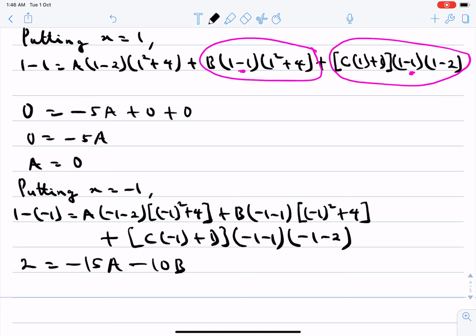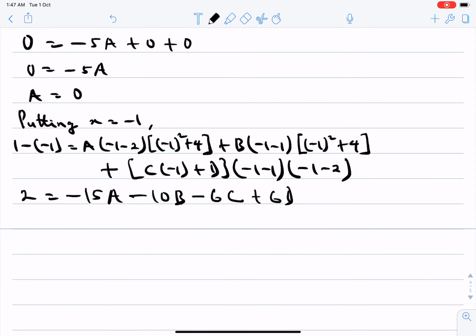This will be minus 2 times minus 3, which is 6. That's minus 6c plus 6d. Yeah, that's correct. 6d minus 6c plus 6d.